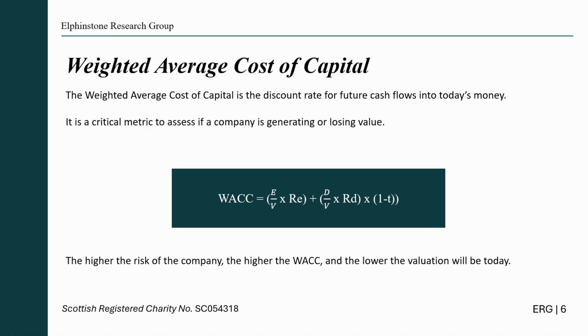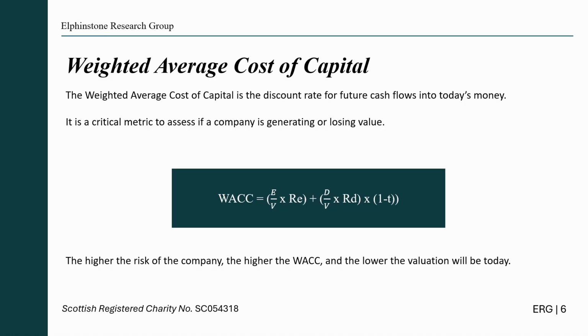And then to that, we then add the bracket D divided by V, which is the market value of the firm's debt, divided by what we previously looked at is the total value of capital, equity plus the debt. And this fraction represents the percentage of capital that is debt.